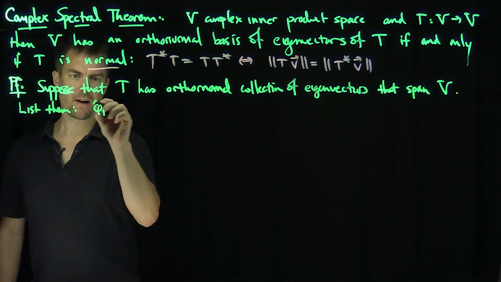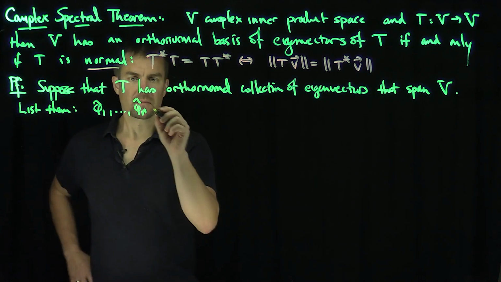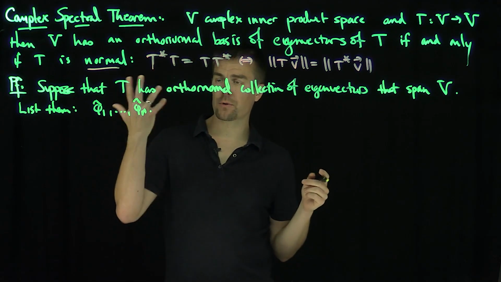You can say phi 1 hat up to phi n hat, where of course the dimension of V here is equal to n, right? And now let's look at the matrix representation of T with respect to this basis.